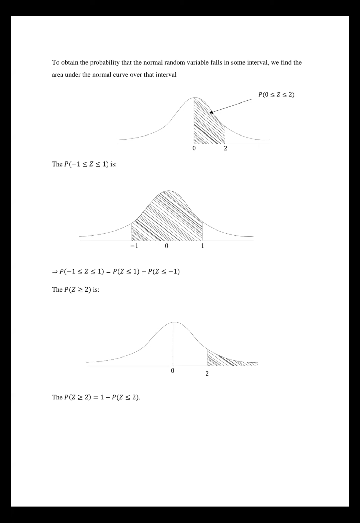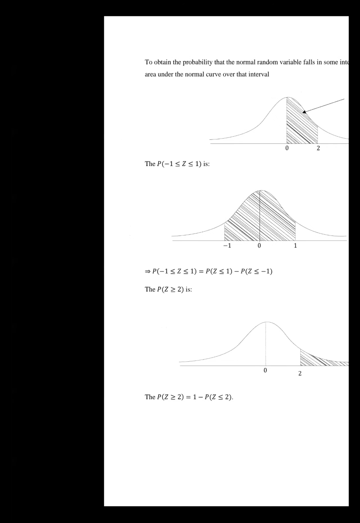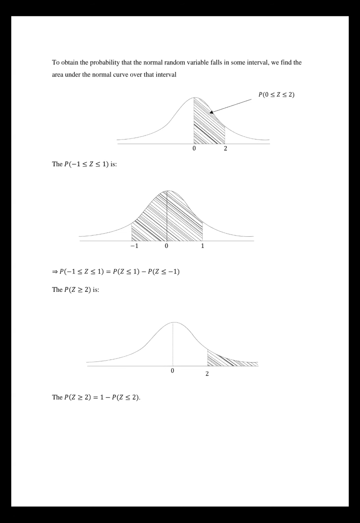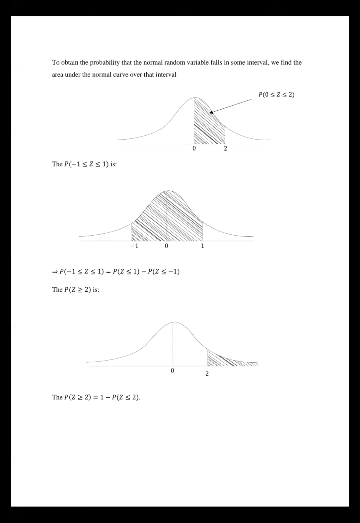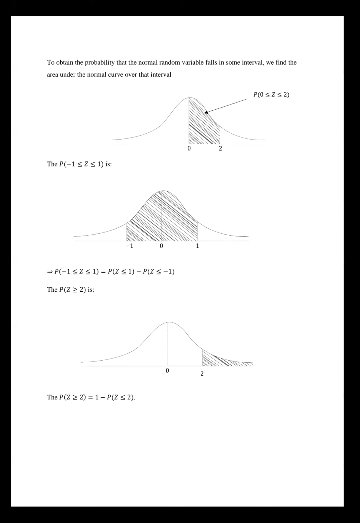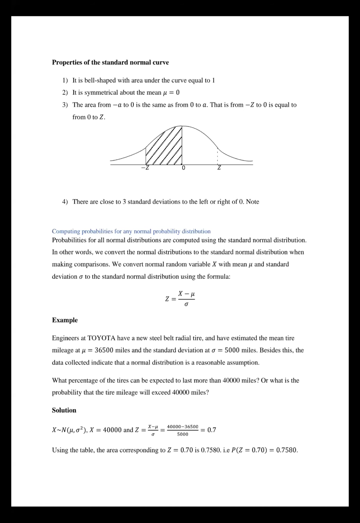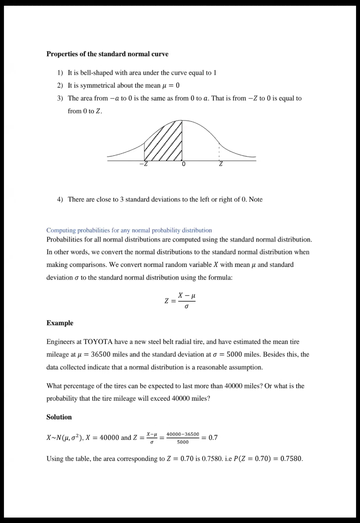So now, let's make an assumption that the z variable has already been calculated. But before we talk about that, may I just quickly highlight the properties of the standard normal distribution curve.